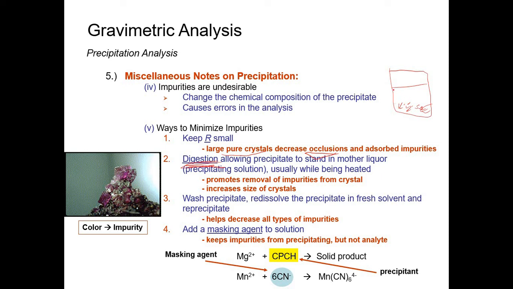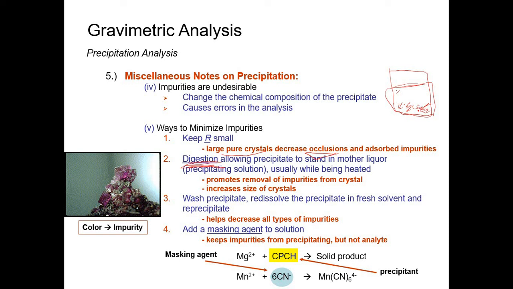The process of digestion is you allow this silver chloride precipitate to just stay here. This is what you call the mother liquor, where it was precipitated. You just allow it to heat and stand. That's what you call digestion. So what will happen, class, is that it will promote the removal of impurities from the crystal.